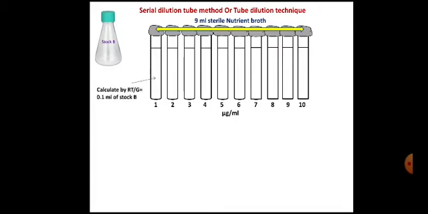Now, like we prepared a dilution scheme in the case of antibiotic assay, this is similar to that protocol. Here also we are preparing a dilution scheme. What is the dilution scheme? The first tube has a concentration of 1 microgram per ml. So how will you calculate that?